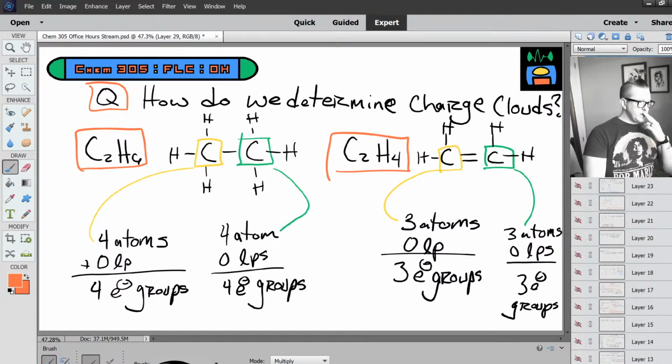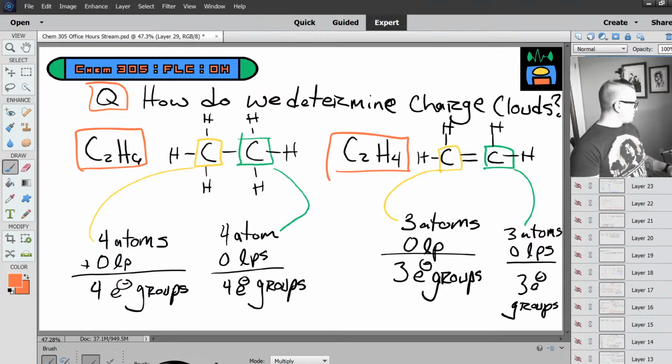Okay, let's see. Where are we? Okay. Net weight. Oh! Okay, hang on. Let me pull something up real quick.